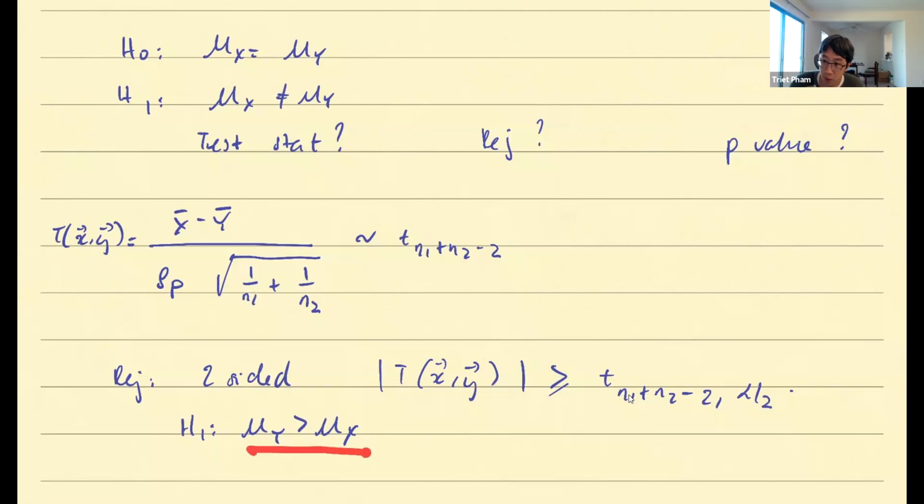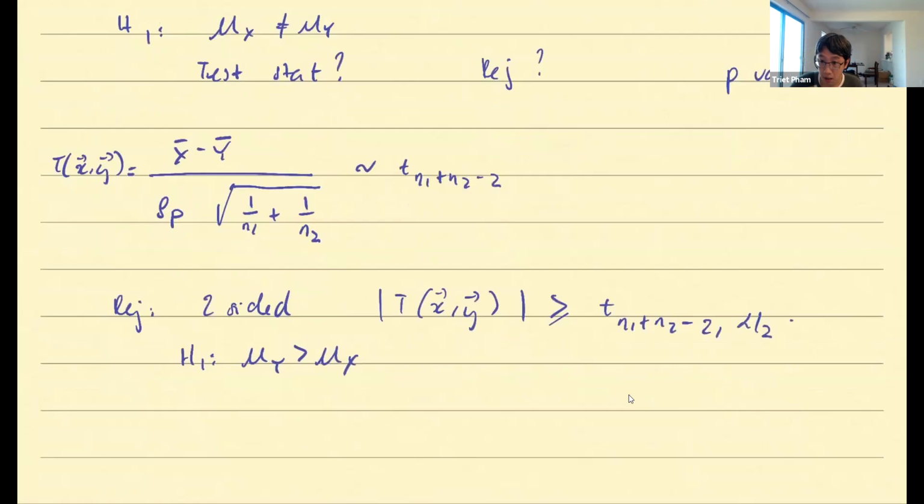If it's true that mu y is bigger than mu x, it's less than minus t, Christine, right? Less than minus t, because this will tend to be negative. So you're quite there, except that it should be minus. No, the test stat less than minus t.